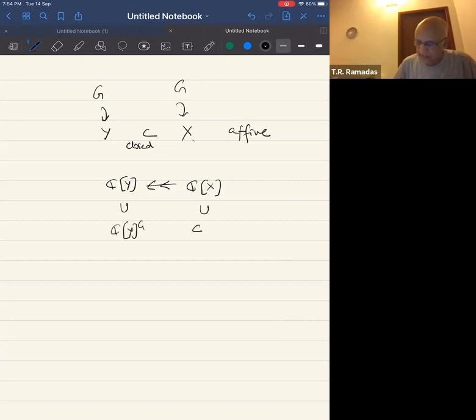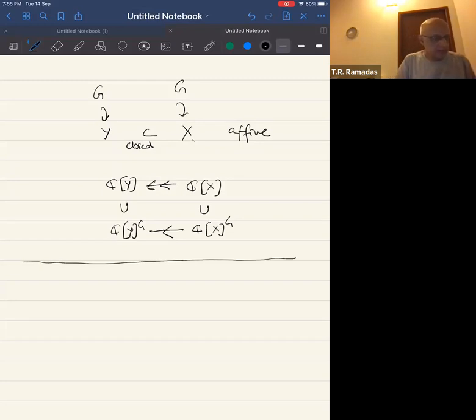Linear reductivity ensures that if I take an invariant function on a closed subvariety, there is an invariant function on the ambient variety that restricts to it. So invariant functions on closed subvarieties can be extended to invariant functions on the ambient variety, provided the group acting is linearly reductive. This is a typical way in which linear reductivity gets used in the theory.